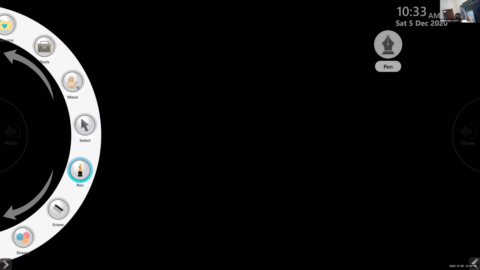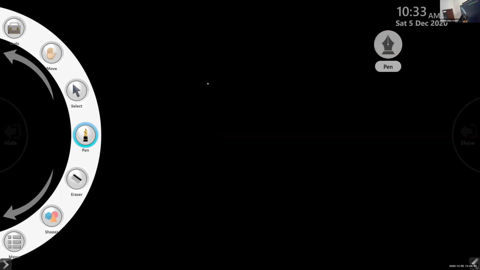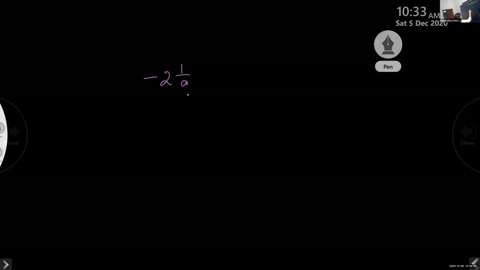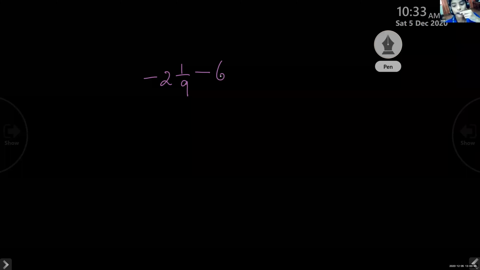Now, next question. Next one is negative 2 and 1 by 9 minus 6. Say the answer. Do it. Don't say the answer yet, just make 2 and 1 by 9 an improper fraction.